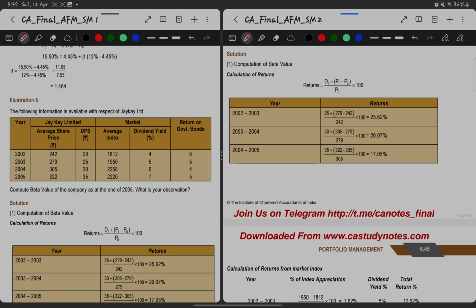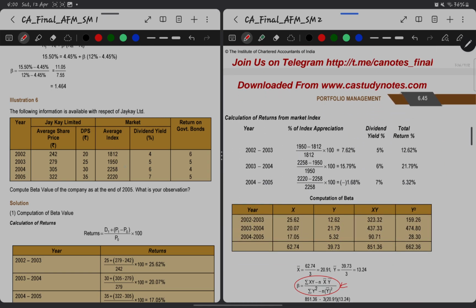Now going further in the same way, we will get the return for the upcoming years, wherein the dividend is 30 plus 305 minus 279 divided by 279 will give us the return on 2003 to 4, and the same goes with 2004 to 5.